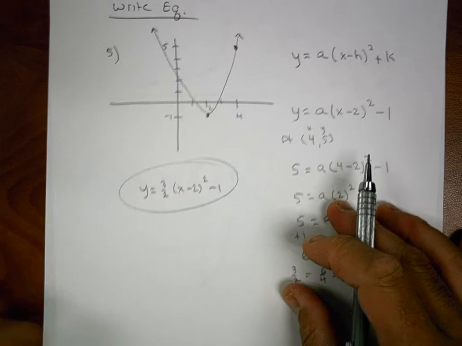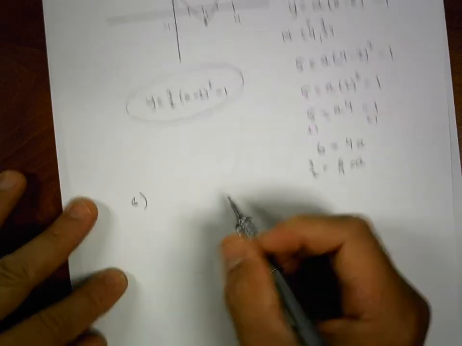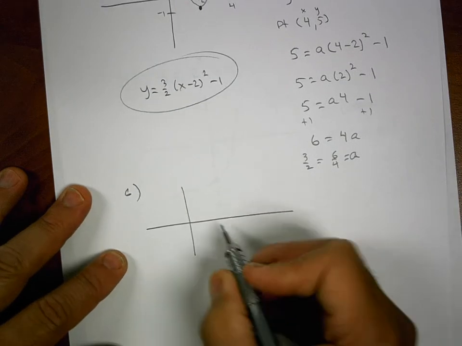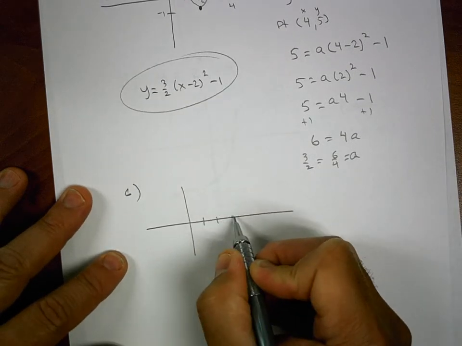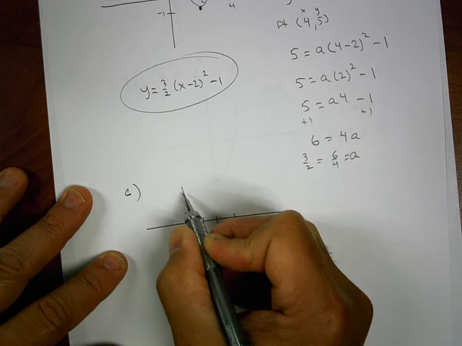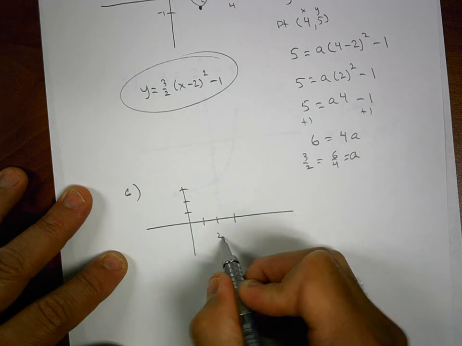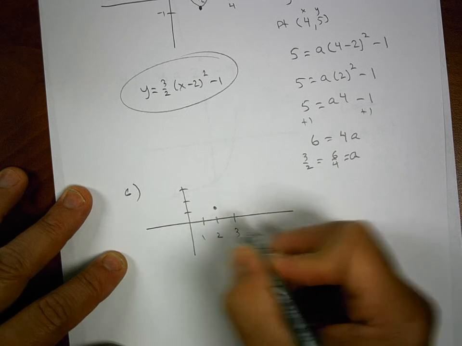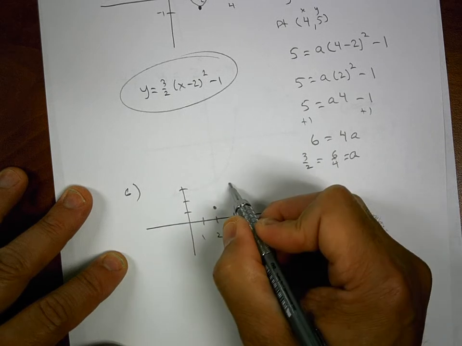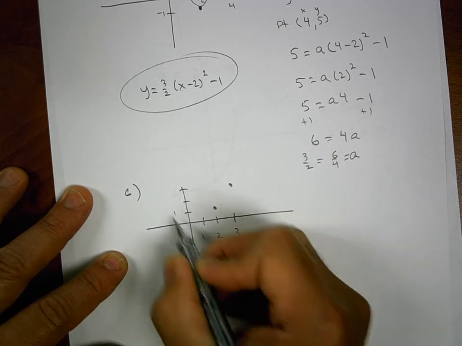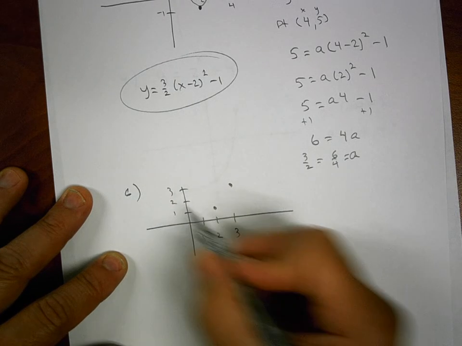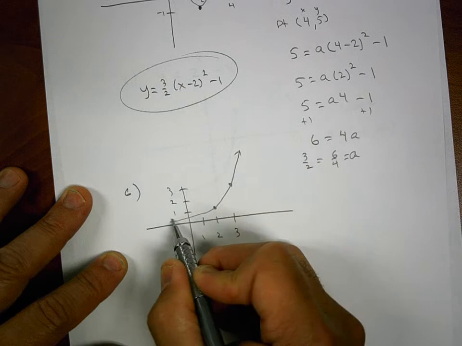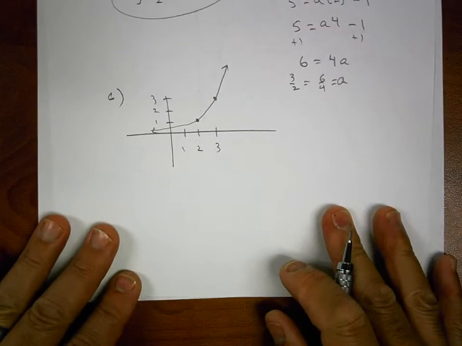Okay, number 6. So draw this and we'll write the equation. So 1, 2, 3, 1, 2, 3. So plot 2, 1 and 3, 3. Okay, and graph it like this. So exponential.